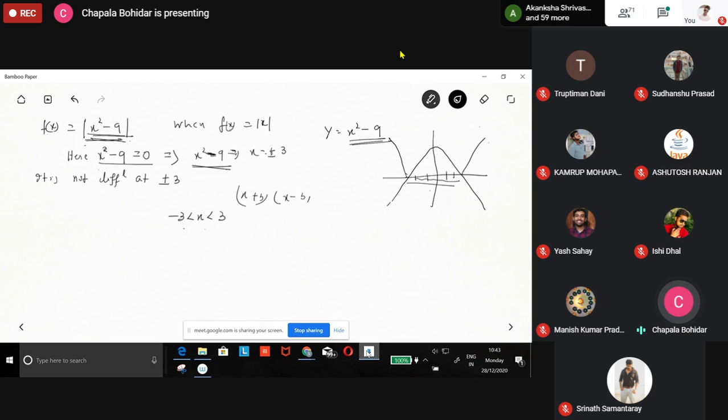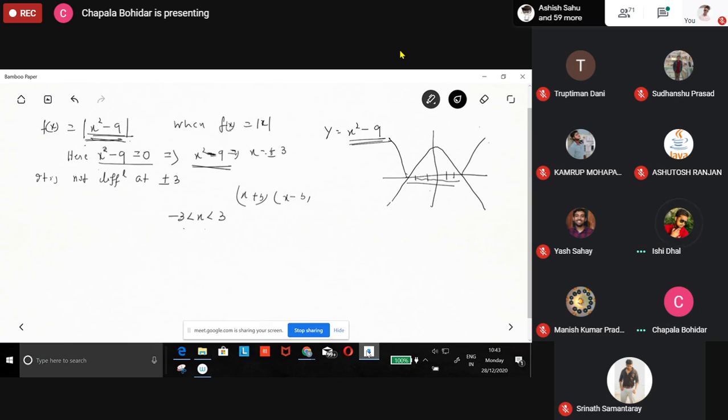You see, when I am putting the value x equal to 2, I am getting 4 minus 9, a negative value. Is not it? I am getting the value of y negative on this side and this side. Clear to all of you?